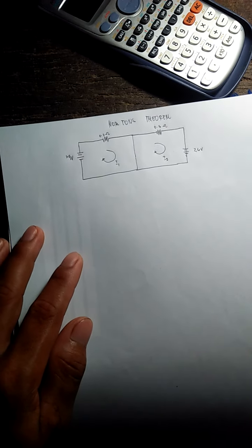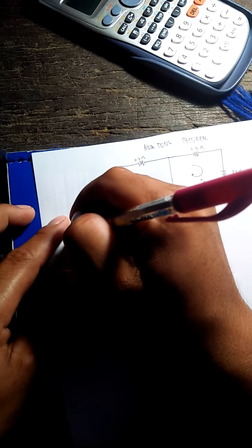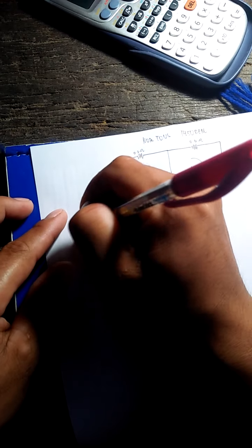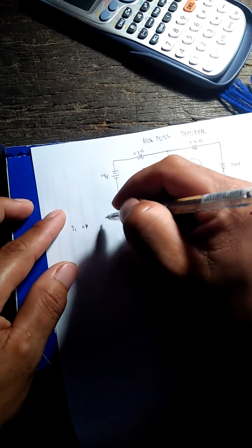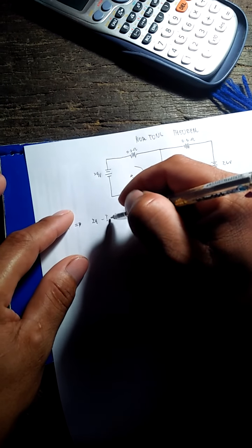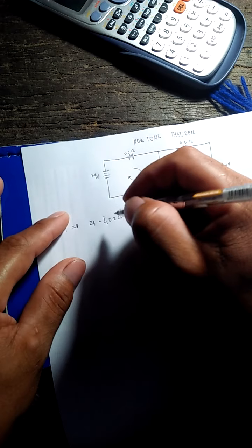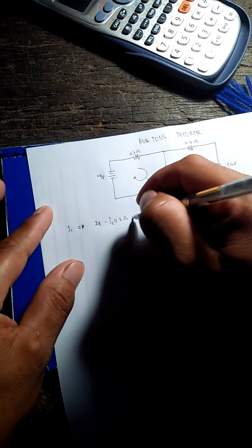To make it easy to solve for I, let us solve for I1. I1 can be solved using KVL. We have 24 minus I1 times 0.2 is equal to 0.